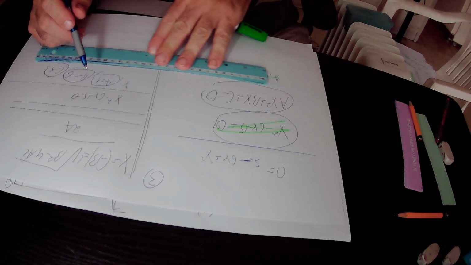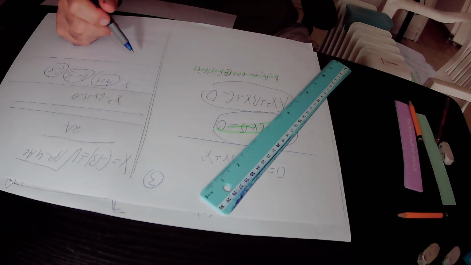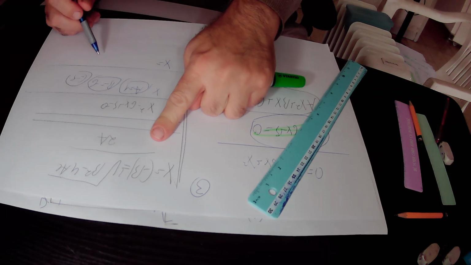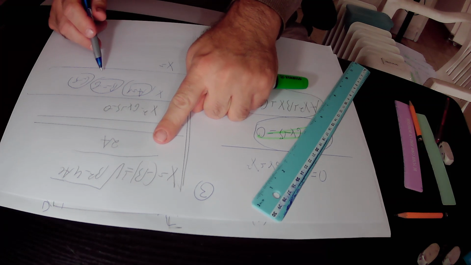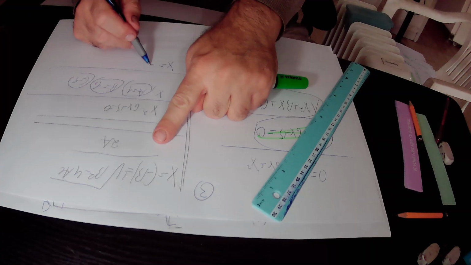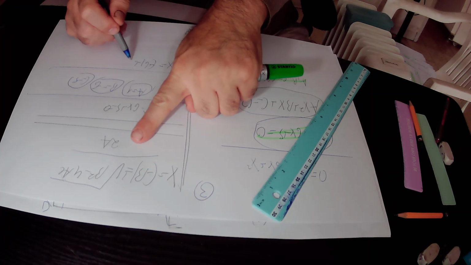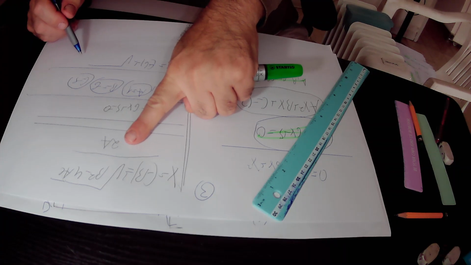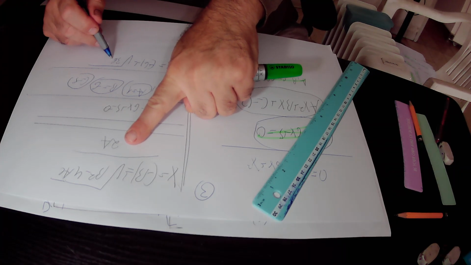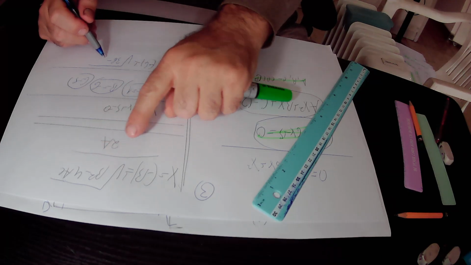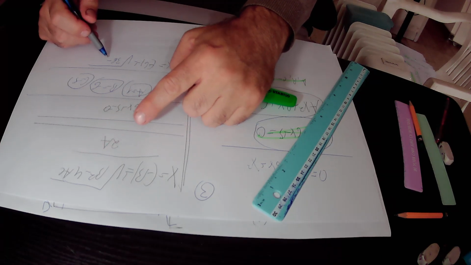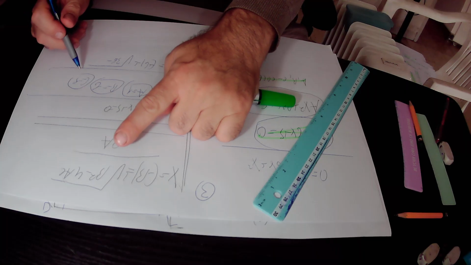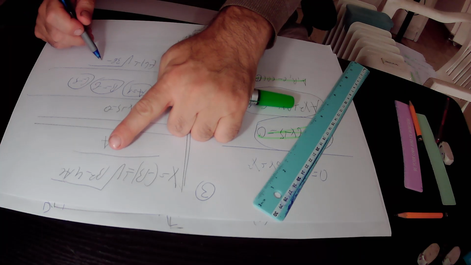So we do it now. You get that the variable that we are looking for is x, that is the radius of the semicircle, equals minus b. b is minus 6, so minus b is plus 6, plus or minus the square root of b squared. b is minus 6, therefore b squared is 36, minus 4 times a times c. a is 1, so minus 4 times 1 is minus 4, times c. c is 5, so minus 4 times 5 is minus 20.